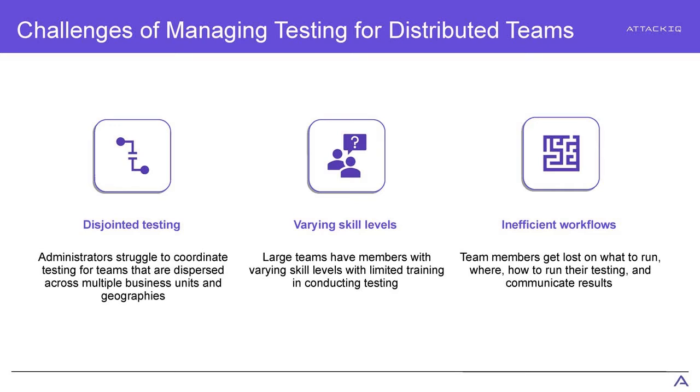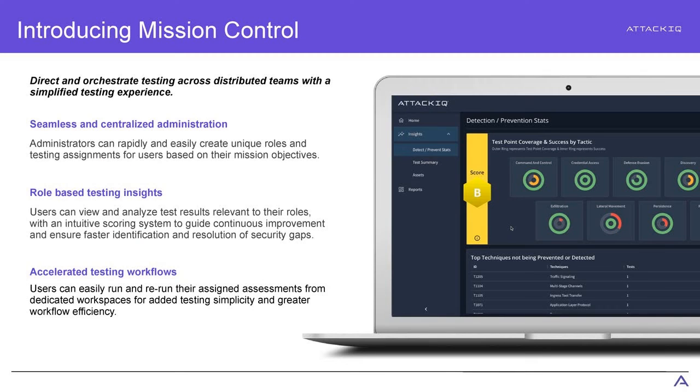We want the SOC team to be very specific and prescriptive, giving these teams a goal of focus while they can focus on other things that may not pertain specific to the firewall, as an example there. Now, that's where Mission Control comes into place.